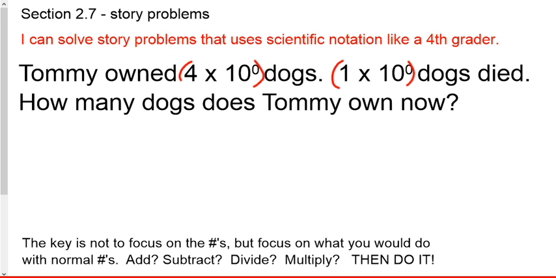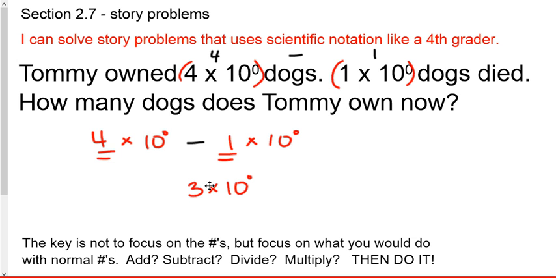Well, let's set this up. This is how many he had at the beginning. This is how many dogs that died. Let's see, if this was 4 dogs and this was 1 dog, what would I do? Oh yeah, I'd subtract. So let's go through and use subtract here. They have the same exponent, so now I can just subtract the front numbers. 4 minus 1 is 3, and keep the exact same exponent.